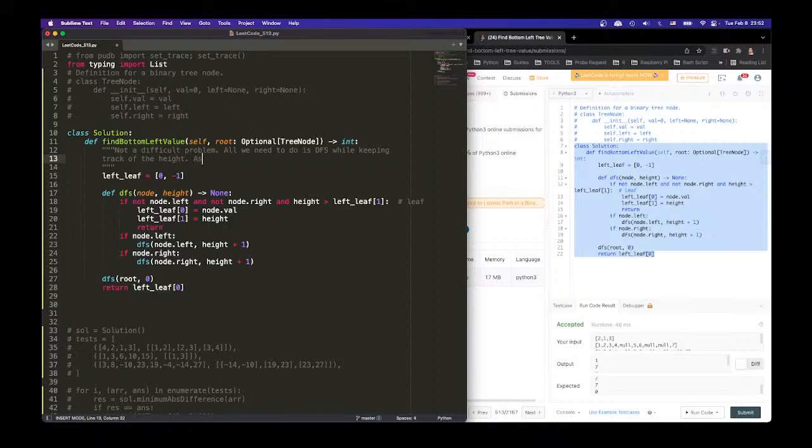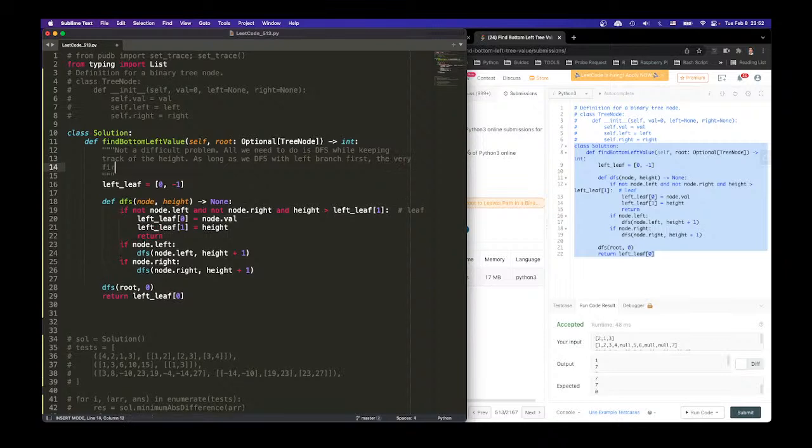As long as we DFS with the left branch first, the very first node encountered on a lower level must be the leftmost leaf.